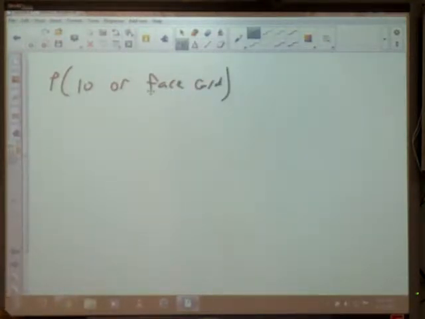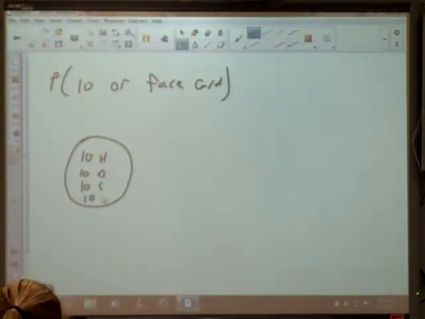All right, so I've got 52 cards, a 10. I'm going to Venn diagram this. I could have a 10 of hearts, a 10 of diamonds, a 10 of spades, and a 10 of clubs. Is that what the four suits are? Okay. Now, are any of those 10s face cards? Do you know about a deck of cards?